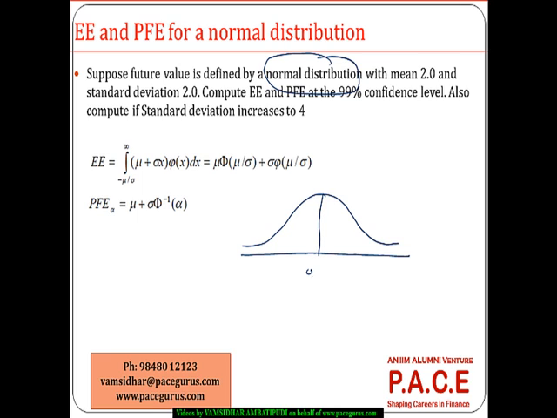The mean is around 2 and the standard deviation is also around 2. So this is 1 standard deviation, 2 standard deviations, 3 standard deviations, minus 1 standard deviation, minus 2 standard deviations, minus 3 standard deviations.